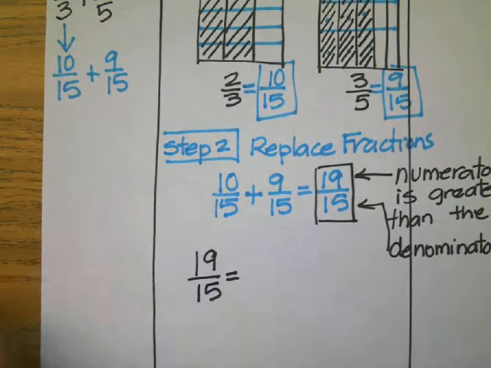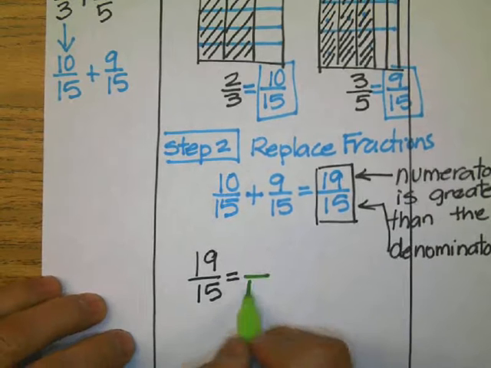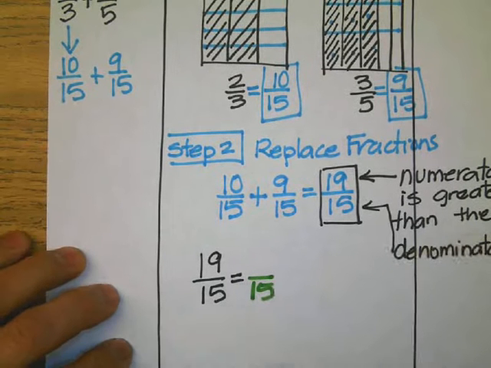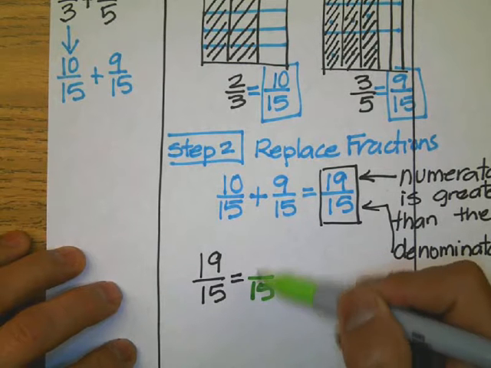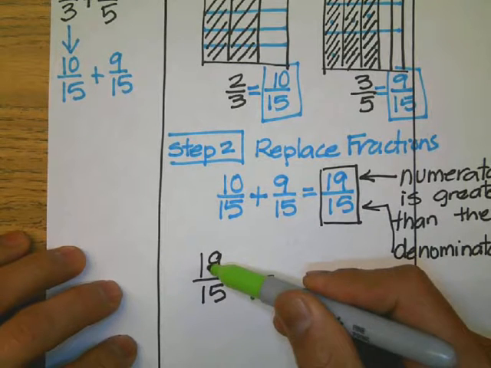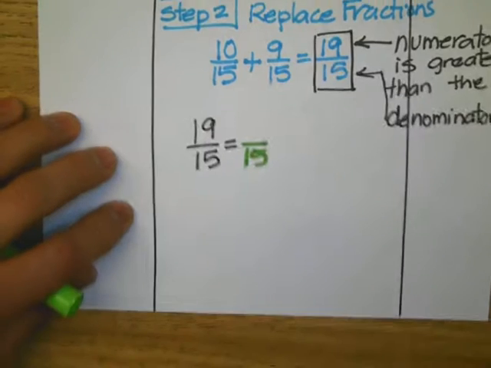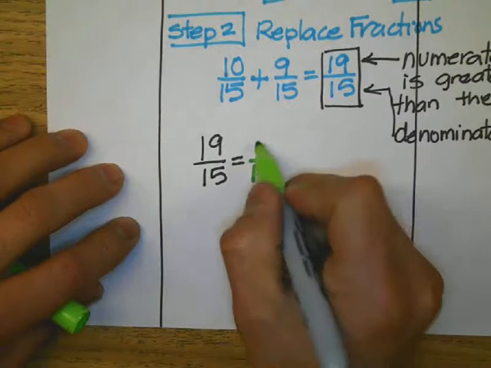If you look at the denominator, you know that 15 is the denominator. Now, to make a whole number, we find a number that will make this a whole number, and we're going to get that from the 19. So we're going to take away 15 from the 19.